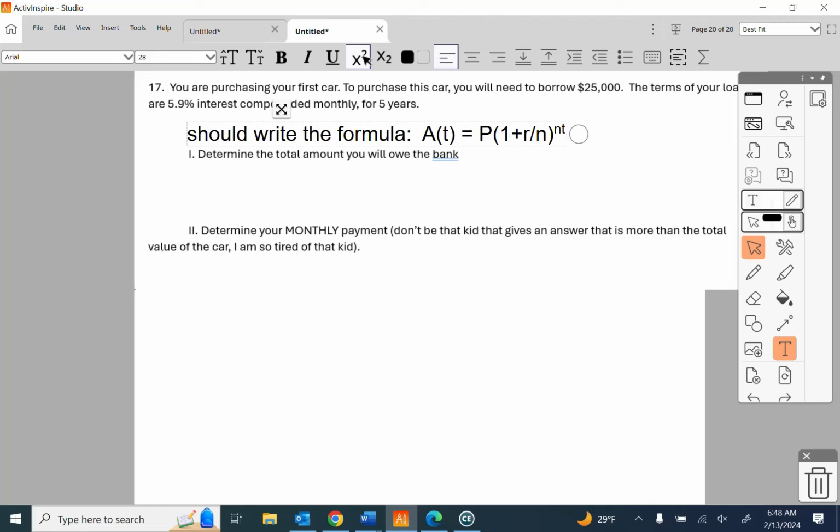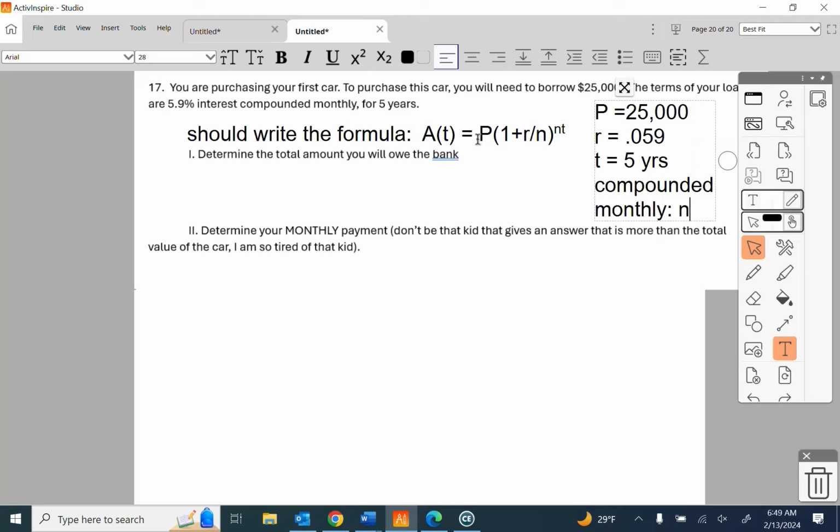So let's throw some stuff in here. If I scan the text, it looks like I need to borrow $25,000. That's the principal. R is 0.059 because we moved the decimal 2 places. Time is 5 years. And it says compounded monthly, which tells me that n is 12 because there are 12 months in a year.